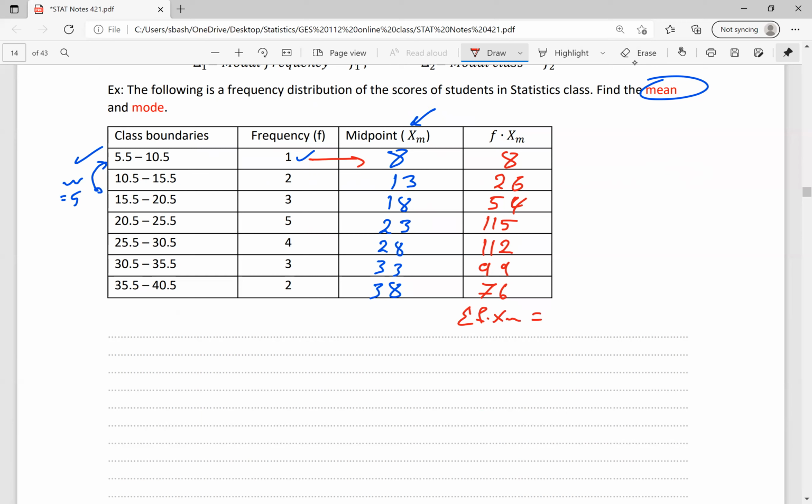I'll have 8 plus 26 plus 54 plus 115 plus 112 plus 99 plus 76. That is 490.